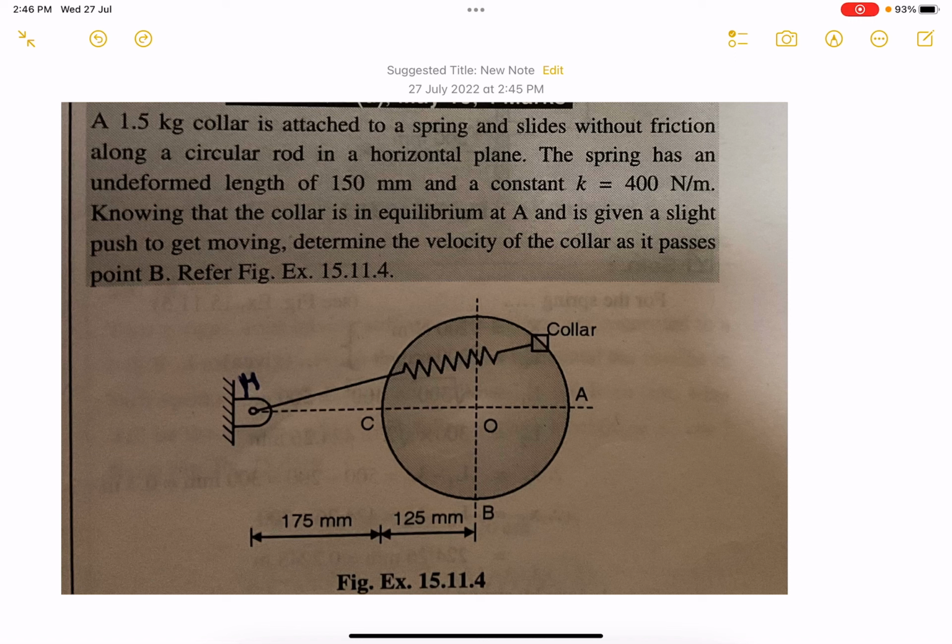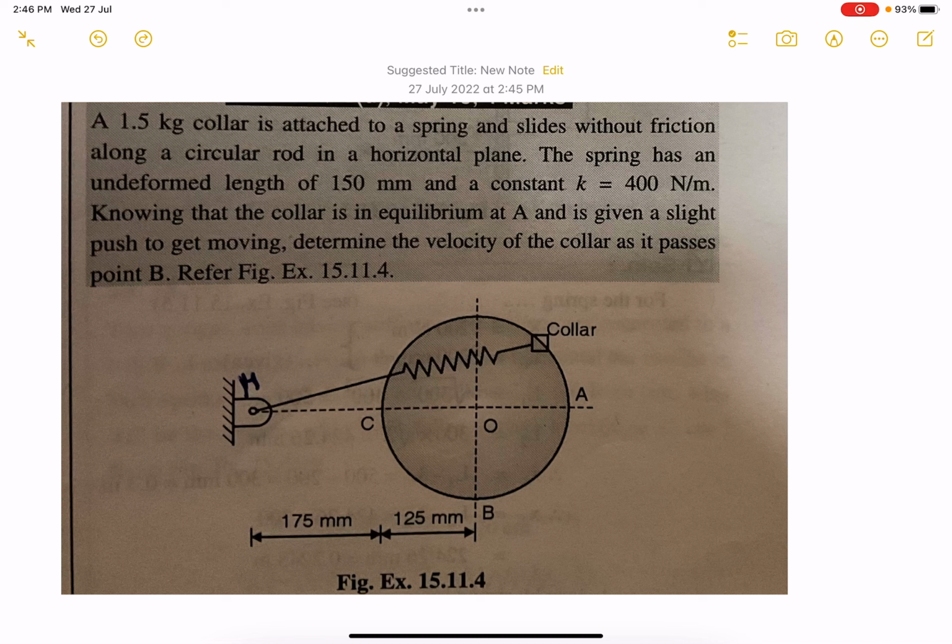Let's read the problem. There is a 1.5 kg collar attached to a spring, which slides without friction along a circular rod in a horizontal plane. The spring has an undeformed length of 150 mm and a spring constant K equal to 400 newtons per meter.